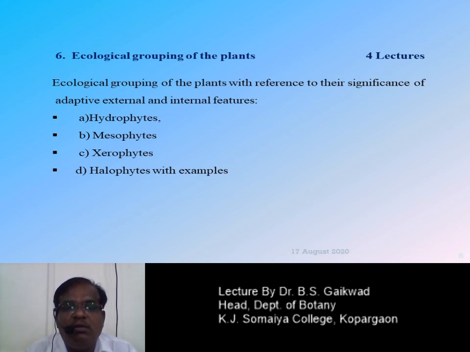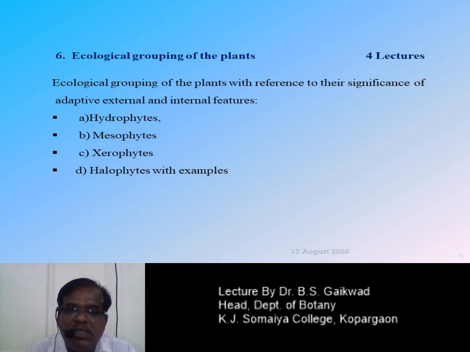Examples of this hydrophyte are Eichhornia, Pistia, or Lemna. This plant never shows the contact of the root to the base of the water resource or to the mud. So they float on the water surface, and they travel through the water current.